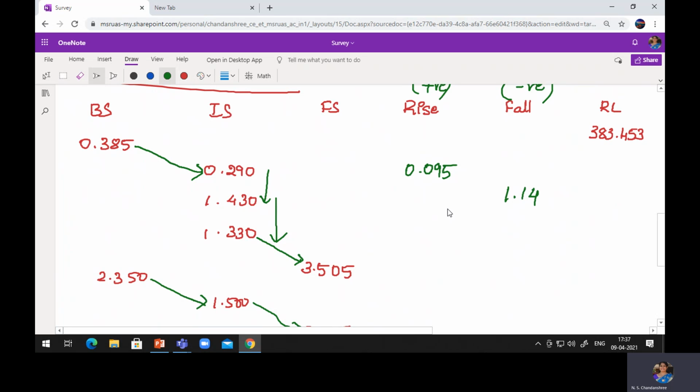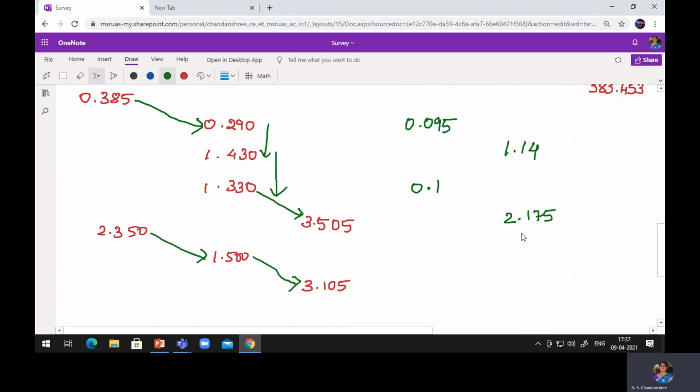Next is 1.430 minus 1.330. So the answer is plus 0.1, and we write it in the rise column. Next is 1.330 minus 3.505. So the answer is minus 2.175, so we write it in the fall column.